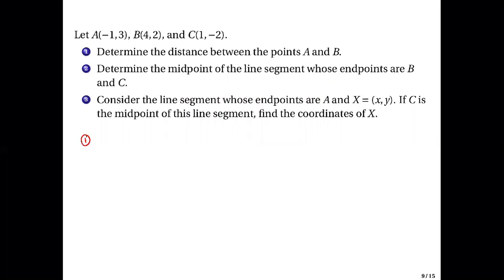So let's start with 1. We want to find the distance between A and B, but this will be easy. We use the distance formula, so this is just a square root. So A and B in here, we have 4 minus negative 1 quantity squared plus 2 minus 3 quantity squared.